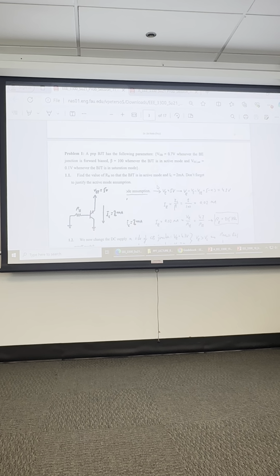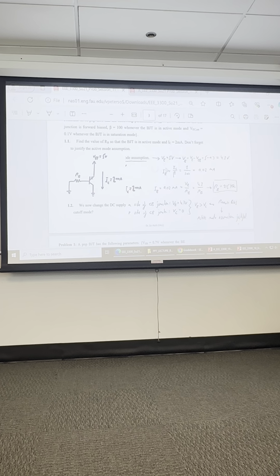So, in the analysis then, the emitter is 5 volts, the base is 5 volts minus 0.7, which is 4.3.